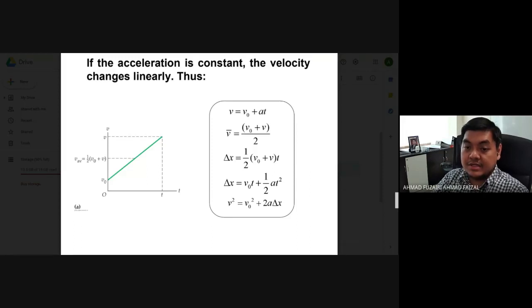So half (v naught plus v) is equivalent to the one we did in the second equation. Therefore, x over t is equivalent to v. So equation number two and equation number three are derived, and of course equation three is the extended version of equation number two.